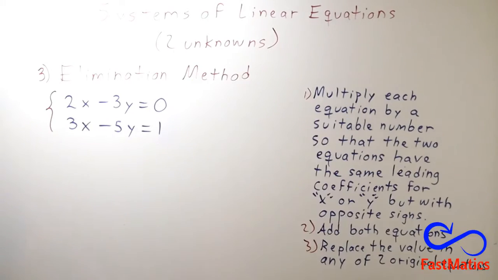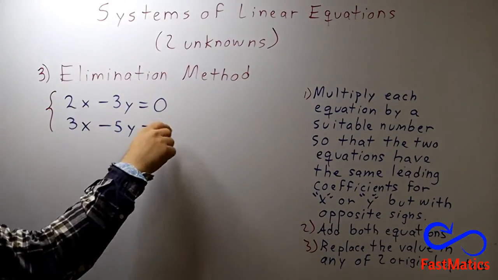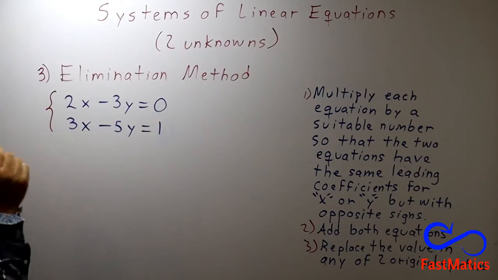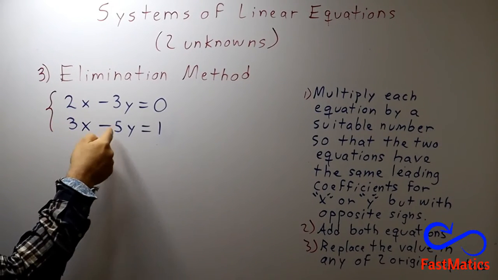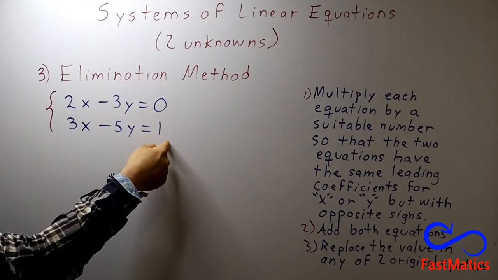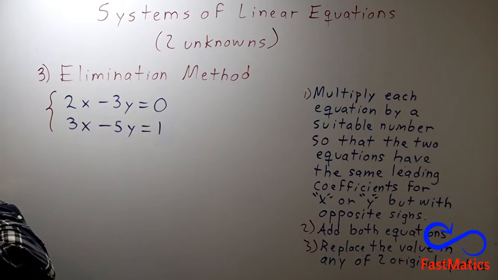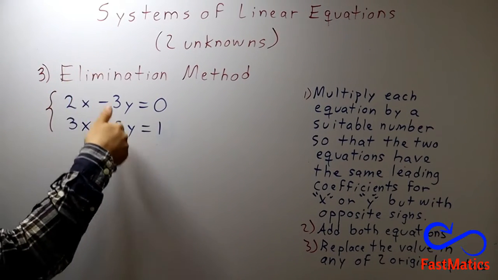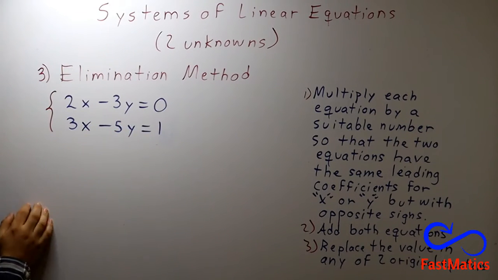Follow me please. First of all, we need to identify that we have a system of equations, and it is very important to have x here and x here, y here and y here, and numbers here, numbers here. Otherwise, you need to pass from one side to another in order to have a well-ordered system of linear equations.